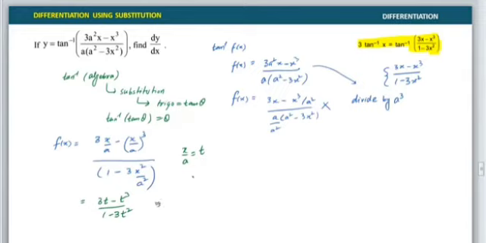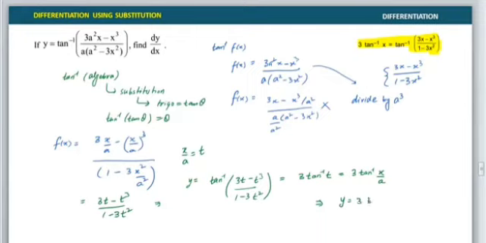If I put this into y is equal to tan inverse of 3t minus t cube upon 1 minus 3t square, this would be 3 tan inverse t. That is the formula. And now you can substitute the value of t. The t is x by a, so y is equal to 3 tan inverse x by a.